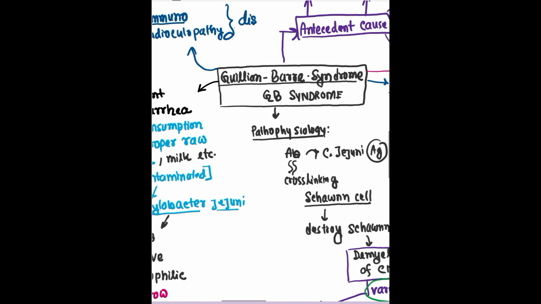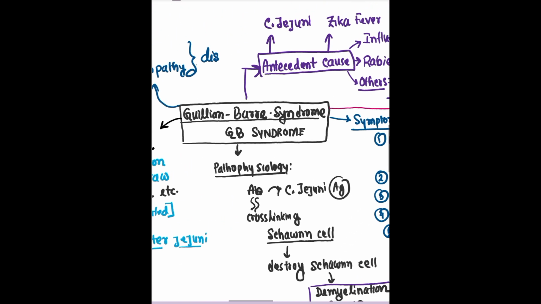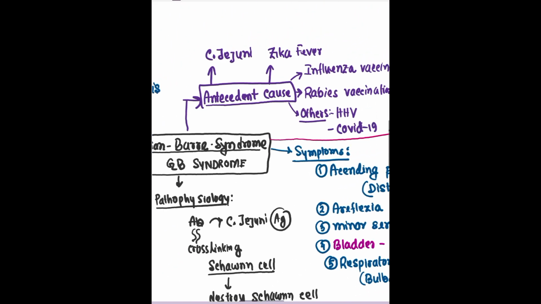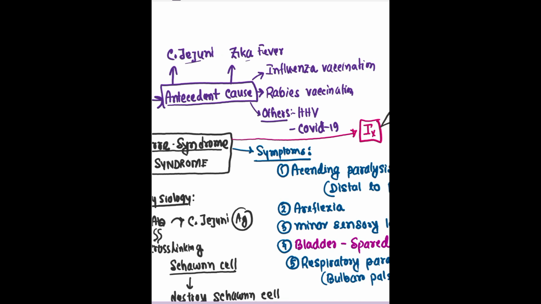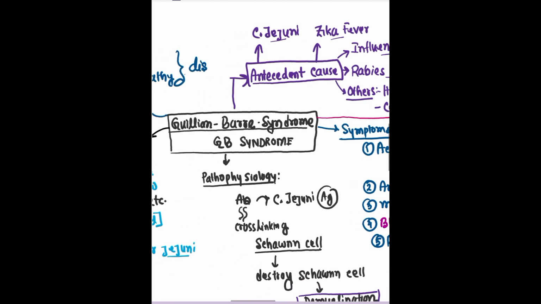Now, Guillain-Barré syndrome occurs because of some antecedent causes like Campylobacter jejuni infection, Zika fever, influenza vaccination, rabies vaccination, and some other diseases like HHV infection and COVID-19 infection, which also predispose to Guillain-Barré syndrome.